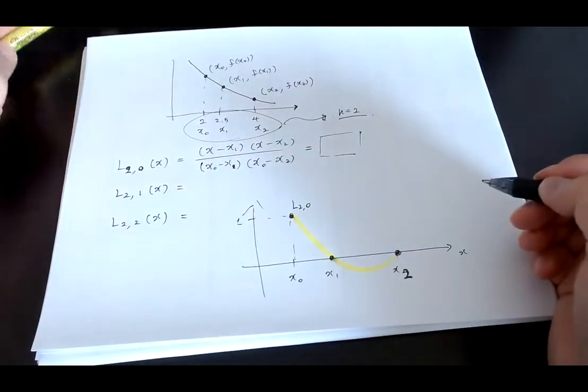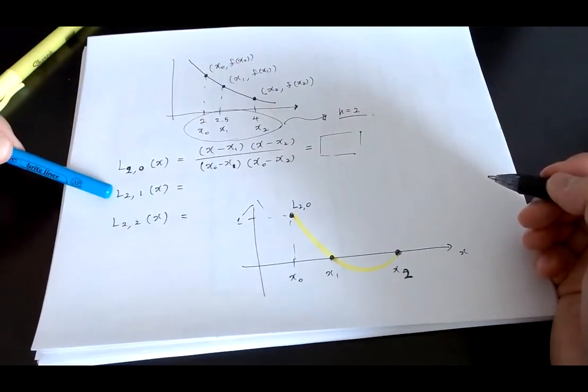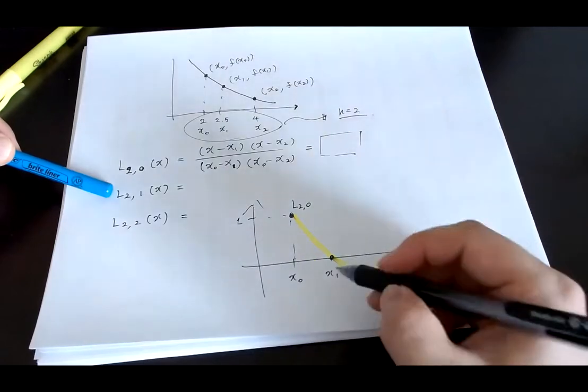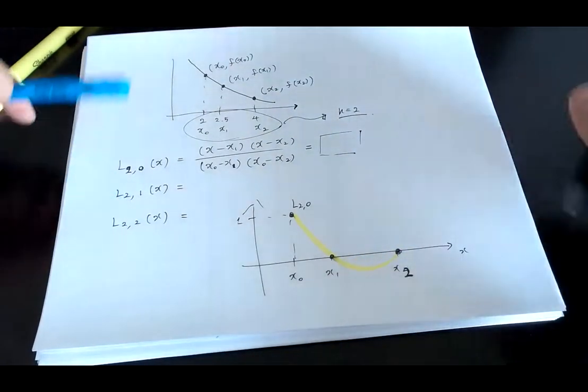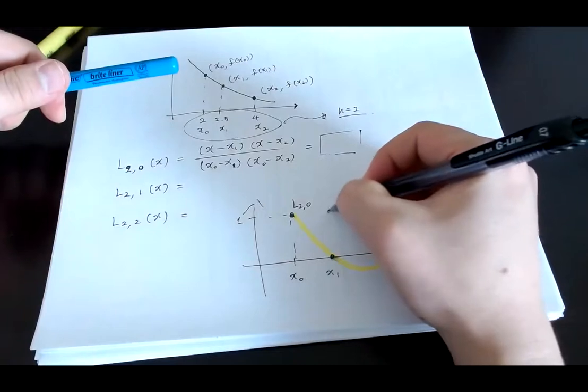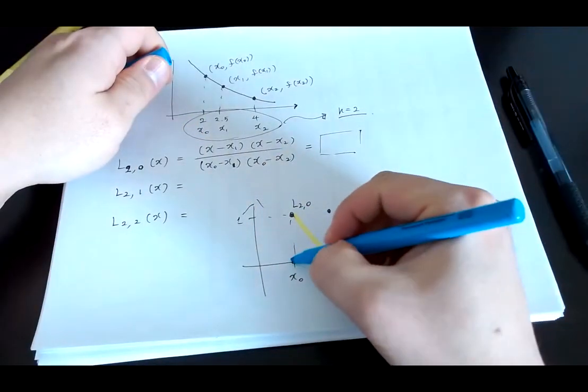Okay. And then what about the L2,1 of x? This function must be 1, okay, at x equals x1 and 0 at the other nodes. Okay. So right here, the graph must be like this.